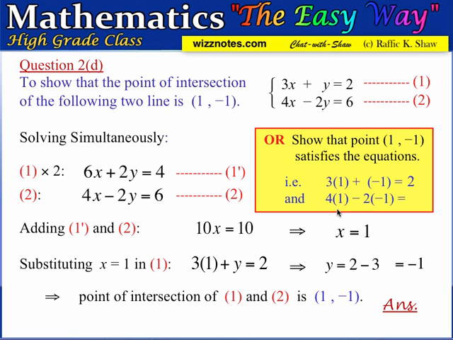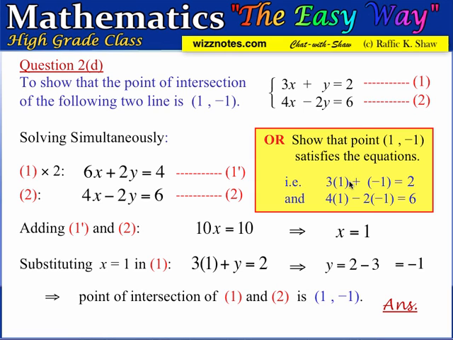The left hand side becomes 4 times 1 minus 2 times negative 1. 4 times 1 is 4 here. Negative 2 multiplied by negative 1 is positive 2. So we really have 4 plus 2. 4 plus 2 is 6. And so the point satisfies the second equation as well.